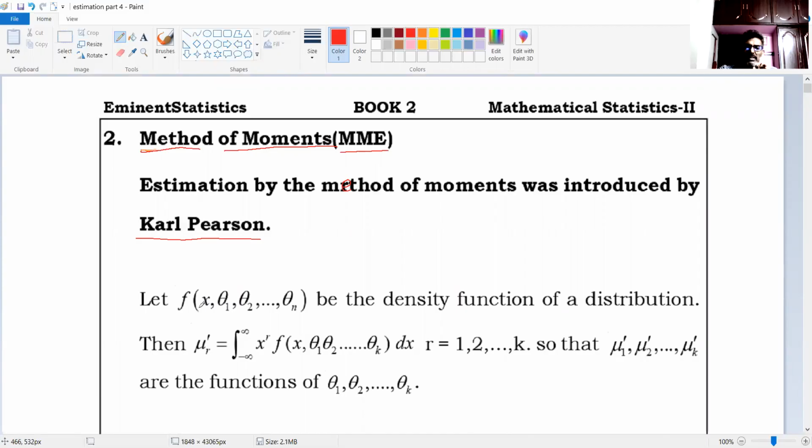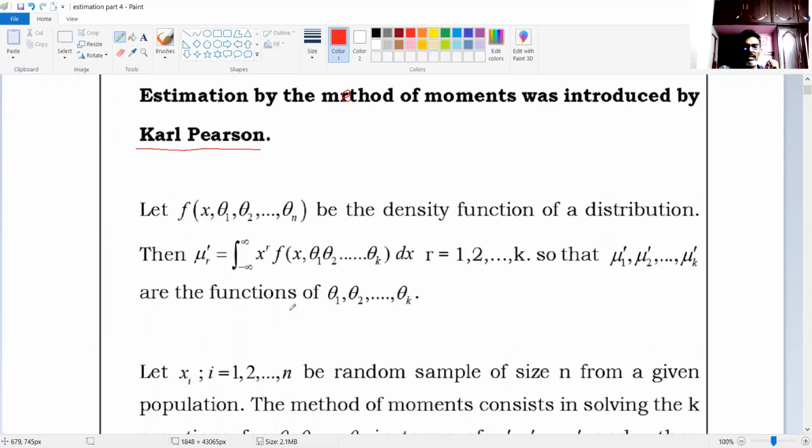That is a simple concept. Equating the population moments and sample moments and solving it, we get the method of moment estimators.